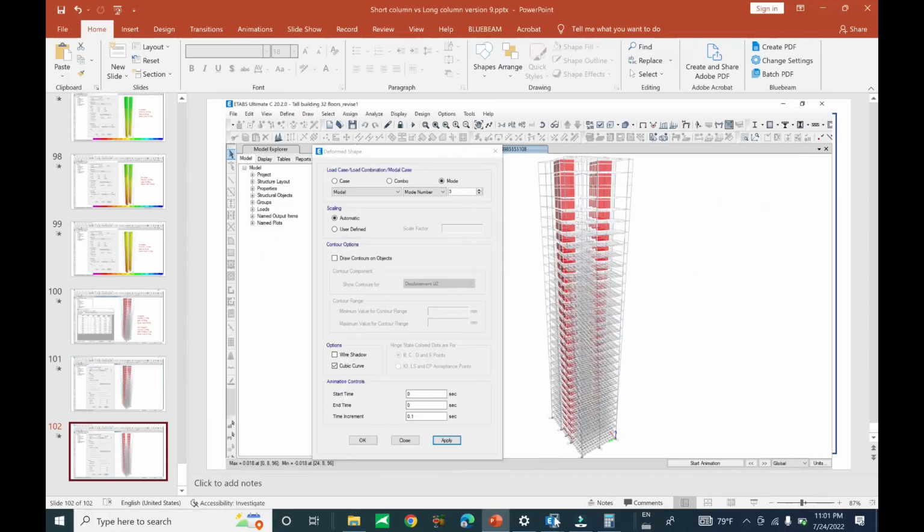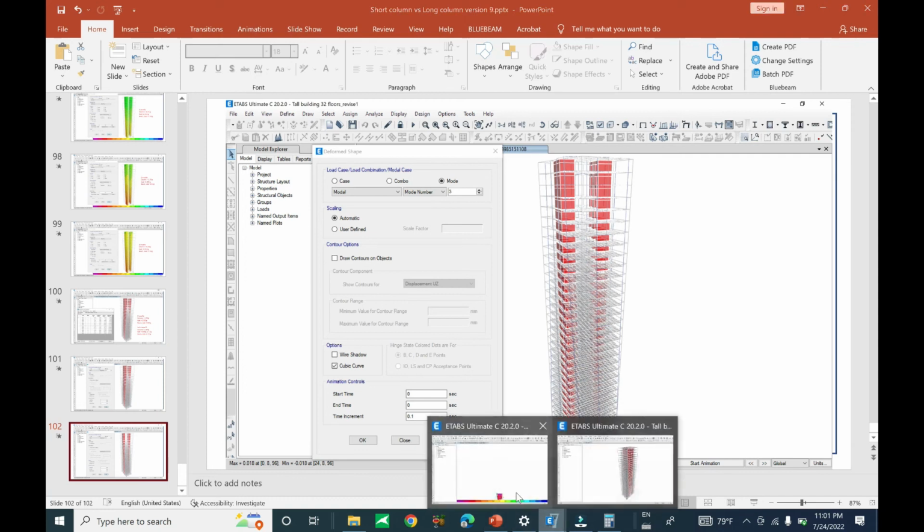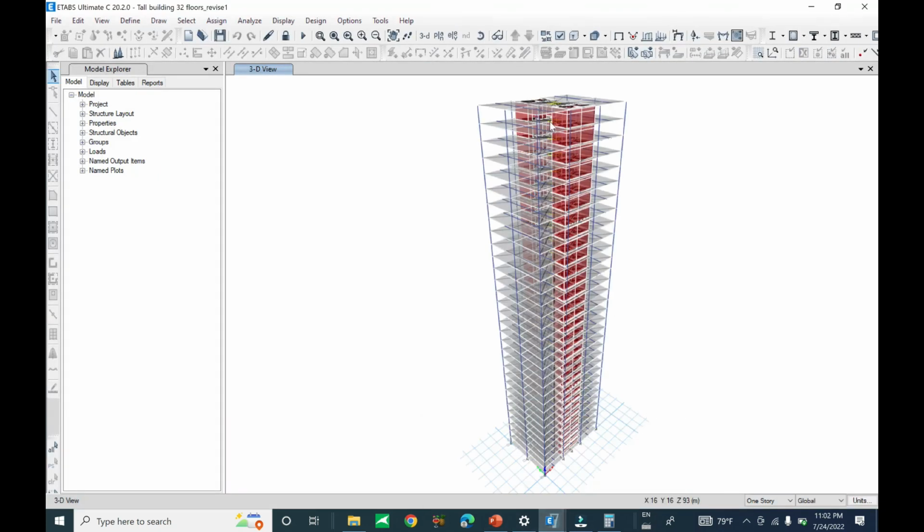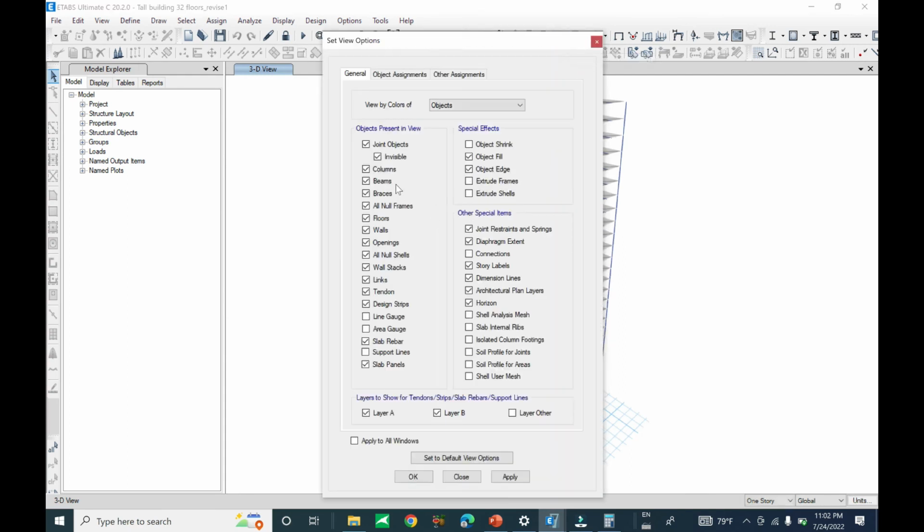Now let's check the model. Click on set display option. You can turn on the column, beam, and floor, or null frame, horizontal structural dimension, apply.